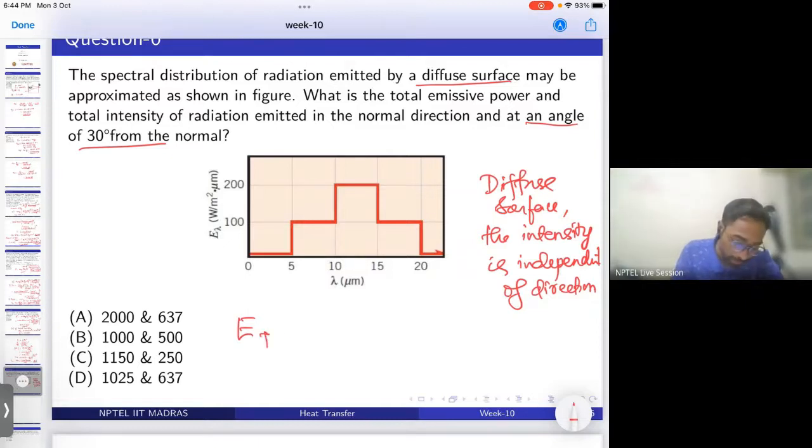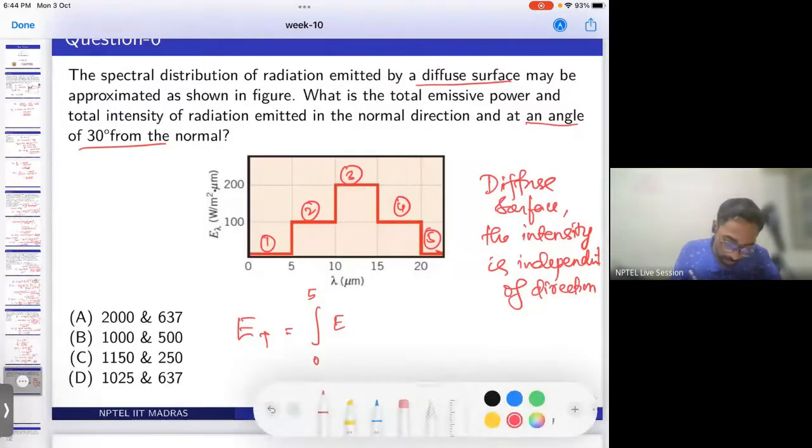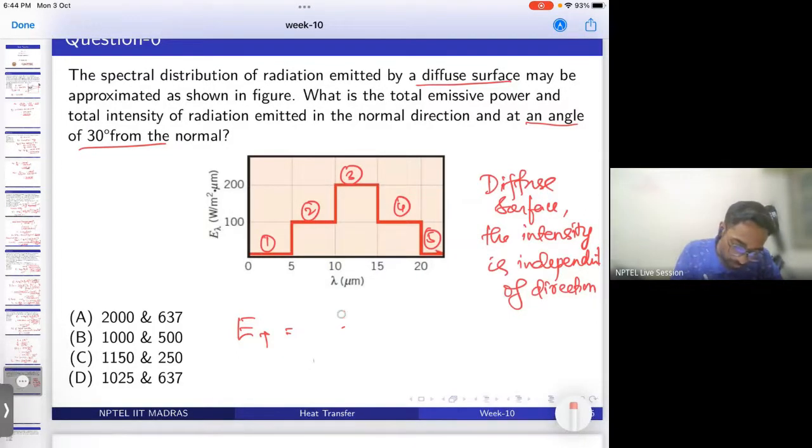we need to integrate this over the wavelength. So it is integral 0 to 5, E lambda. So we can divide this into regions 1, 2, 3, 4, and 5. Okay. So for region 1, we need to integrate over all the regions.